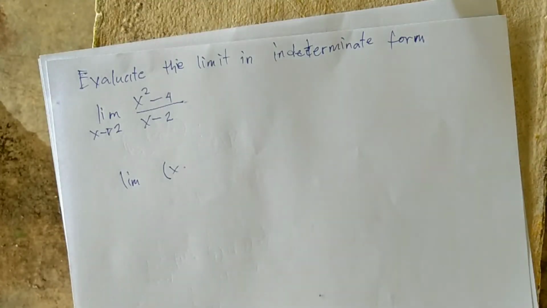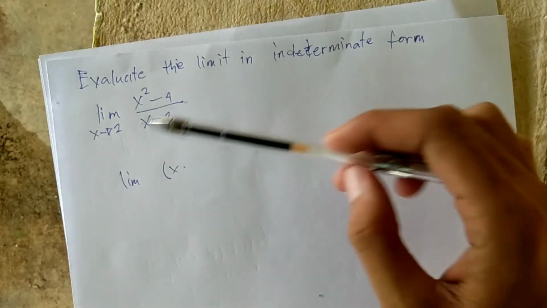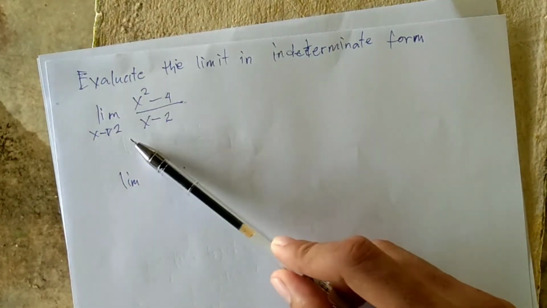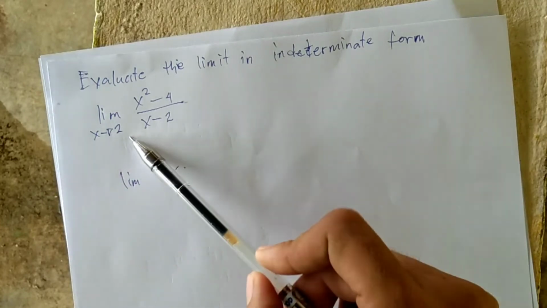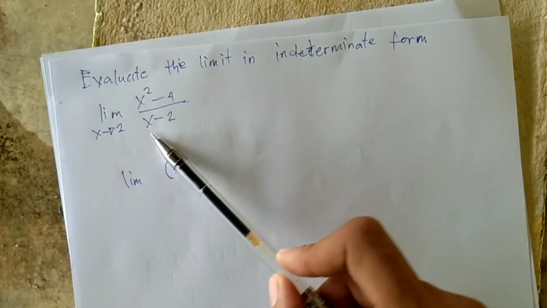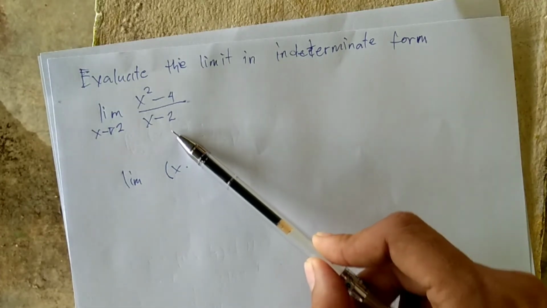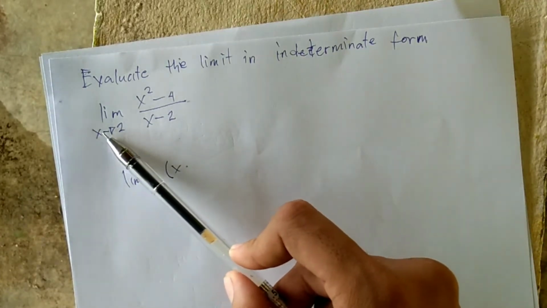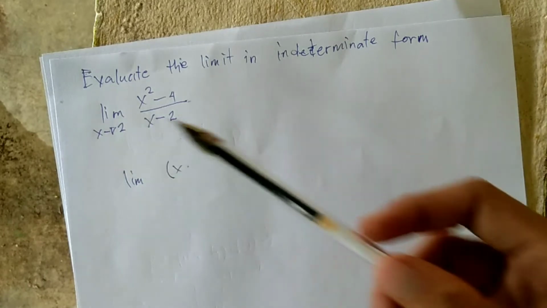So, the next topic is how to evaluate indeterminate form. Let's say this is our given: the limit of x squared minus 4 all over x minus 2 as x approaches 2.